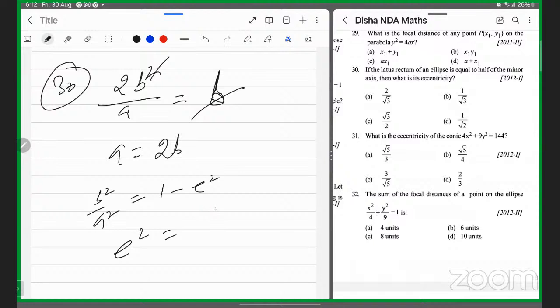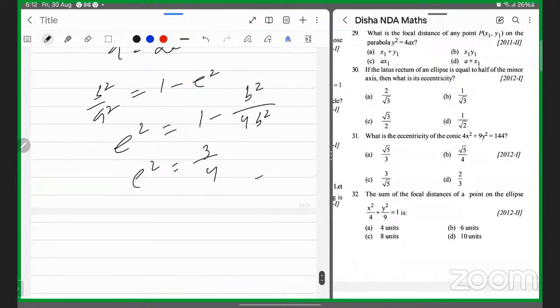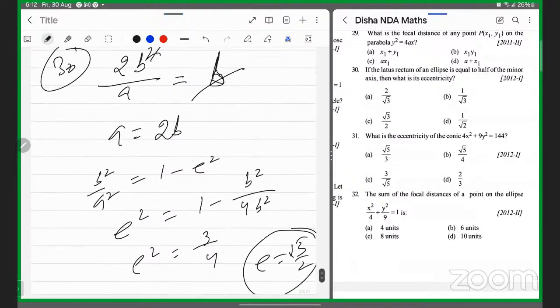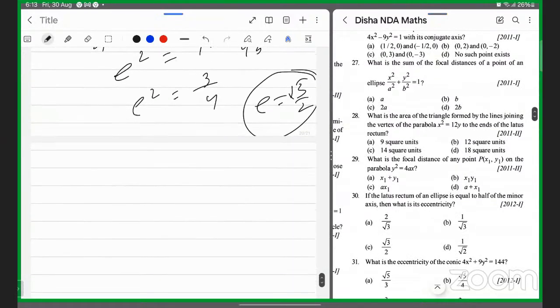Let b square be b square, and a square is 4b square. So e square is 3 by 4, so e is root 3 by 2. Very good. C is the correct answer. Understood, everyone? Now solve 29. Hurry up, everyone.